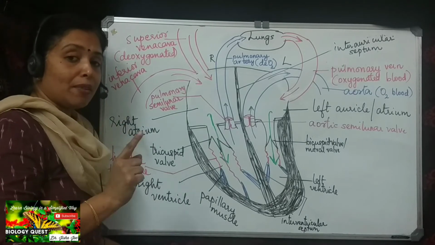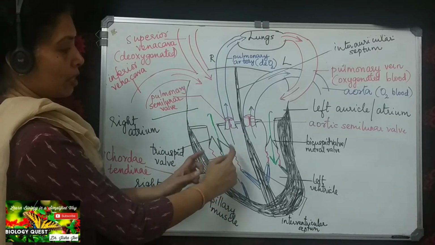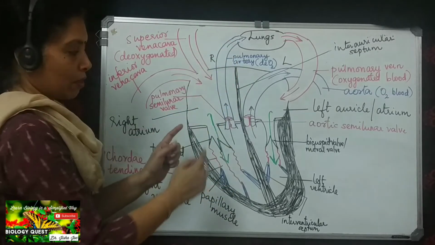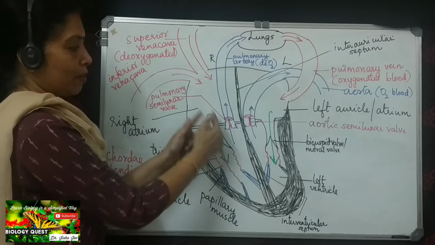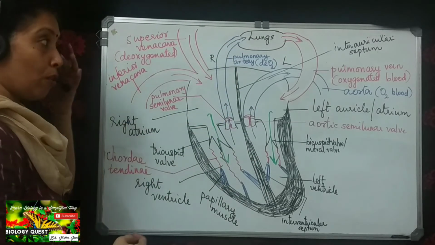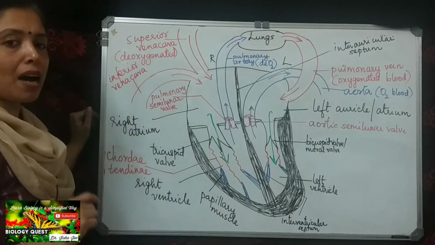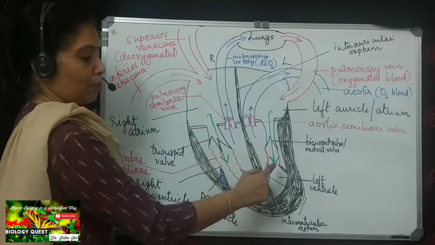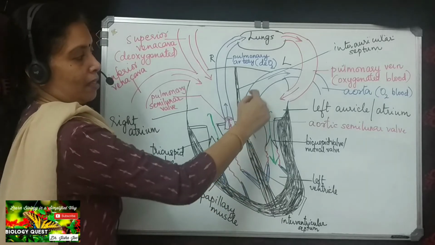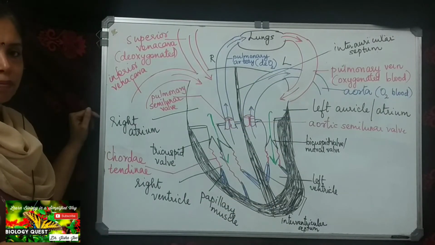Now, the only way for the blood to flow from the right ventricle is through the pulmonary artery, because this is closed. This will remain closed. And from the left ventricle, the only way for the blood to flow is through the aorta.